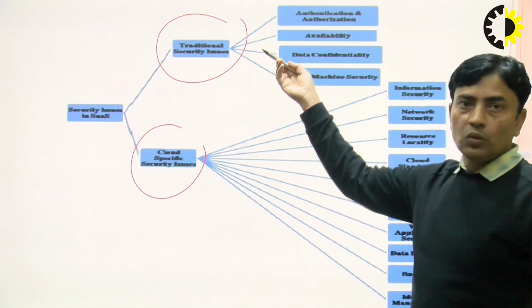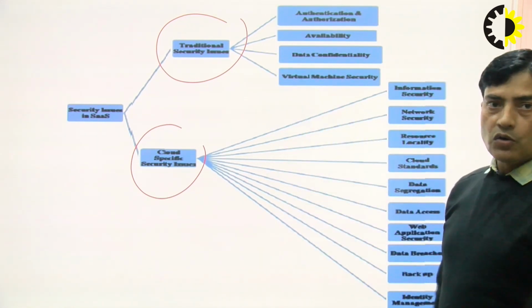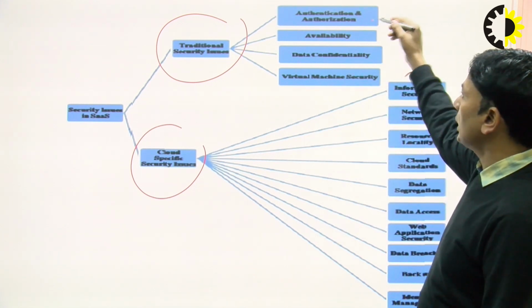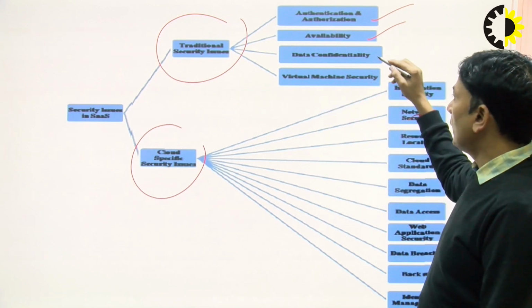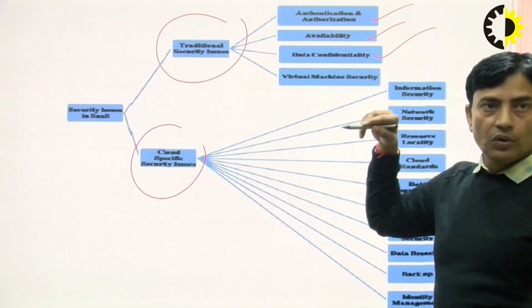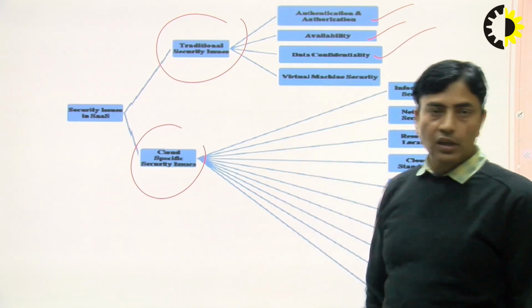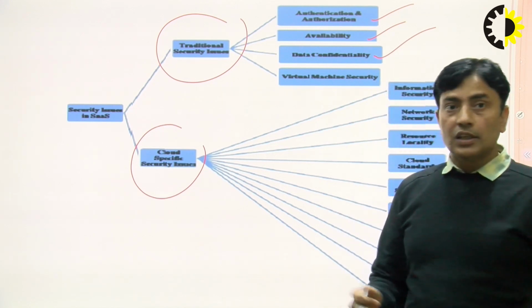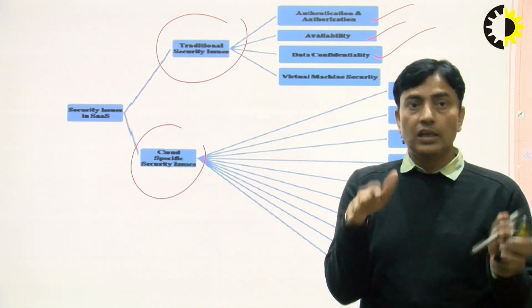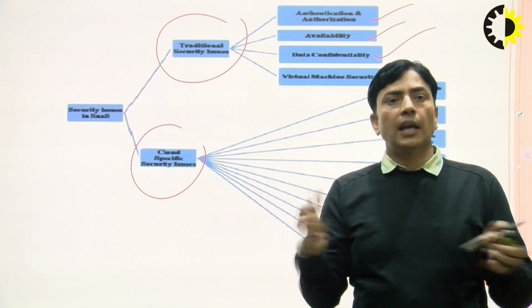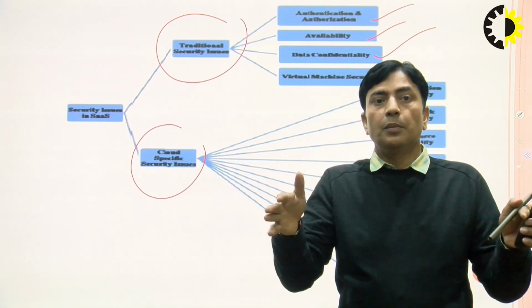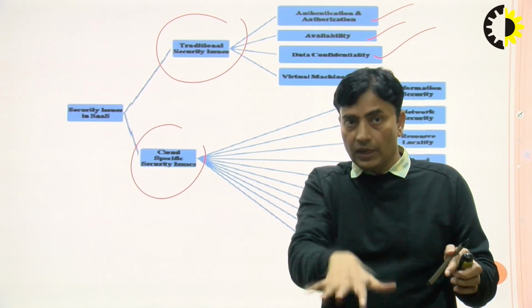Traditional ones I have already covered in the previous lecture. In cloud security, these are the general terms like authentication, authorization issues, availability issues, and data confidentiality issues. And virtual machine security, because a number of virtual machines are on the same host. 2, 4, 10, 100, 1000 virtual machines may be deployed on the same hardware, the same server.